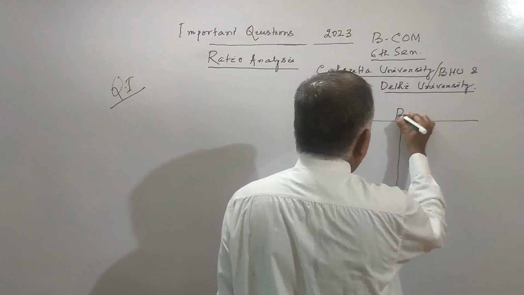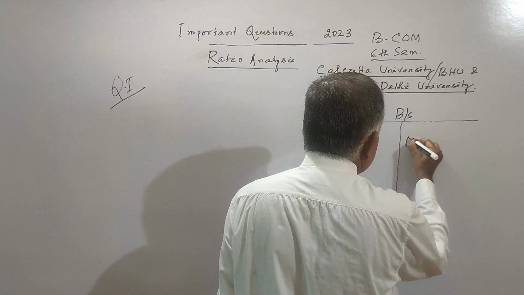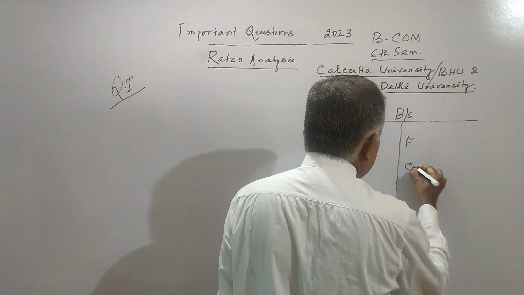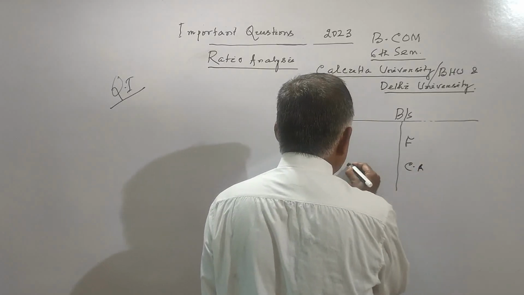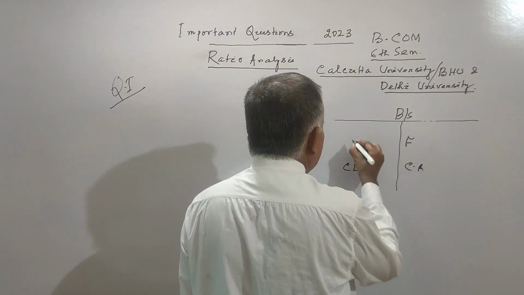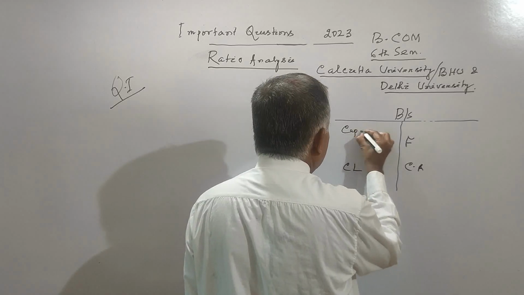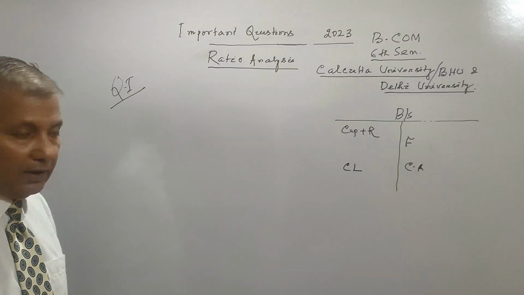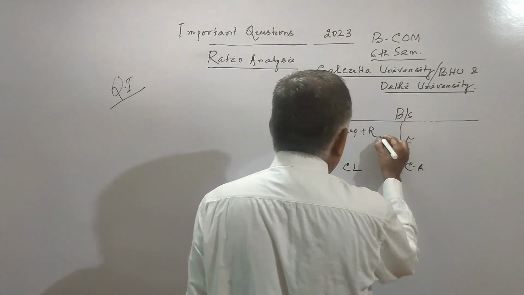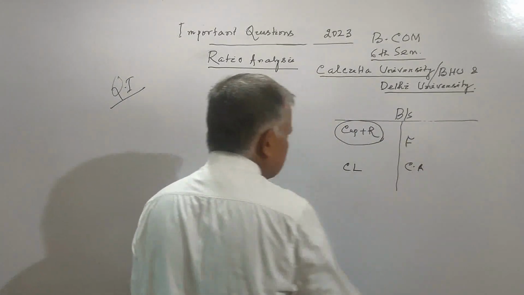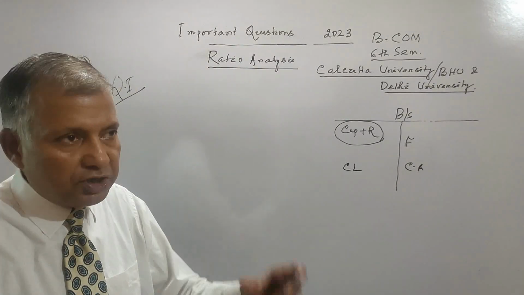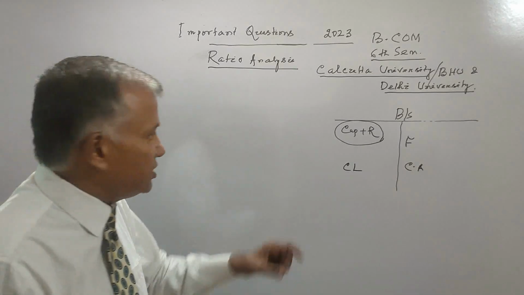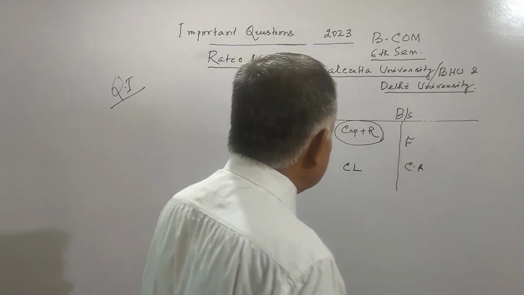This is a balance sheet, and you know this is fixed asset, this is your current asset, this is current liability, this is your capital plus reserve. This is one type. Here net worth means capital plus reserve. This is your net worth, that is owner's fund, owner's investment, that is the net worth of the business.